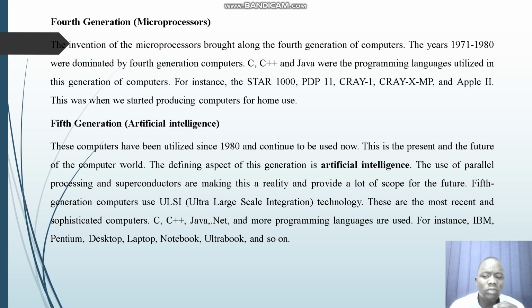The fifth generation computers use ULSI, that is ultra large scale integration technology. These are the most recent and sophisticated computers. They also use Java, C++, .NET, and many other programming languages. Examples of computers here are the IBM, the Pentium, the desktops, the laptops, the notebooks, the ultrabooks, and so on and so forth.